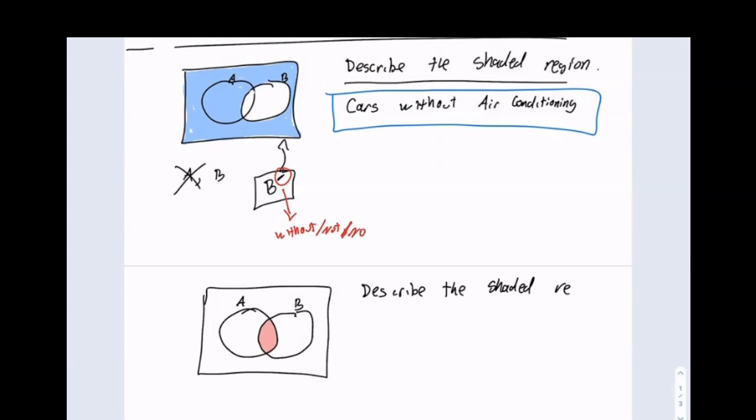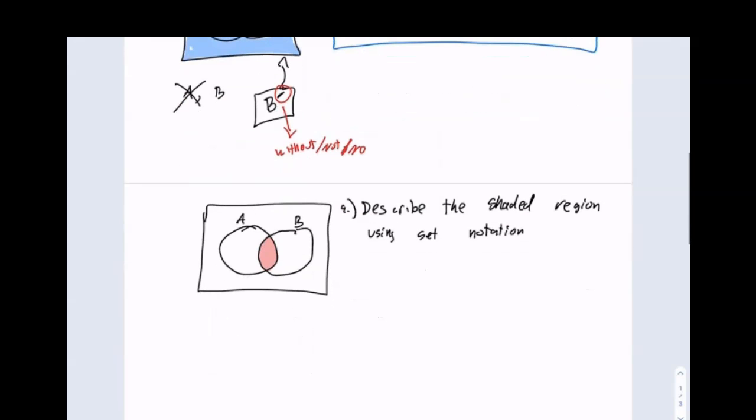I could also ask you to describe the shaded region using set notation, A and B, and describe the region in context.